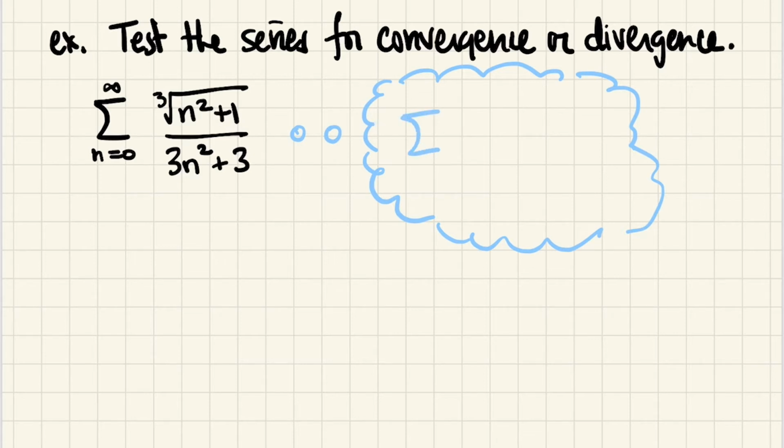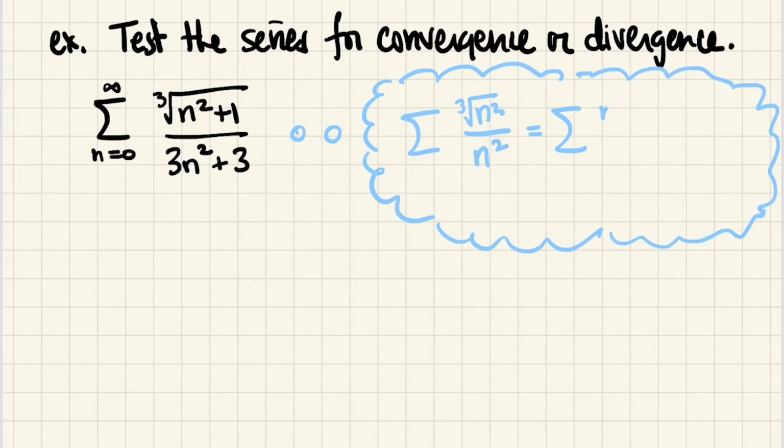So let's take the leading term from the numerator, which is the cube root of n squared. And we'll divide that by the leading term of the denominator, which is 3n squared. And you don't even need the 3. Let's clean this up until we have a clear and obvious p-series.